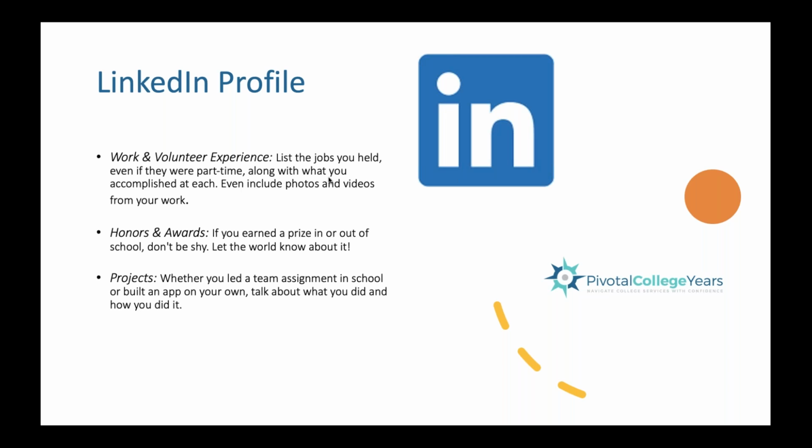Honors and awards, same thing. If you got an award for being a Girl Scout or a Cub Scout, the group that gave it to you probably has a LinkedIn profile. Make sure it's connected. But think about all the things that you've accomplished over the years. Again, most of the things that you're going to be talking about happened in high school.